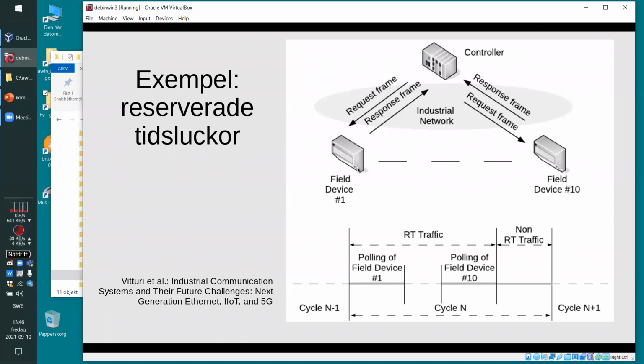And it will be very deterministic and very well predictable. And you get very low jitter. You send a request to this device and it answers, and there will be very low variation in response times here. So you could get a jitter of 0 here.